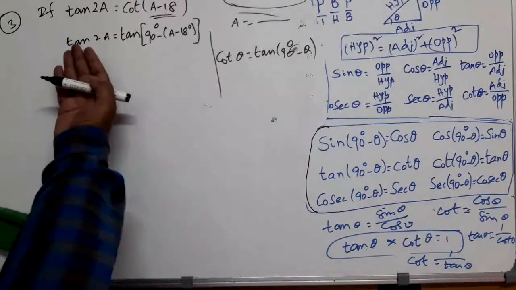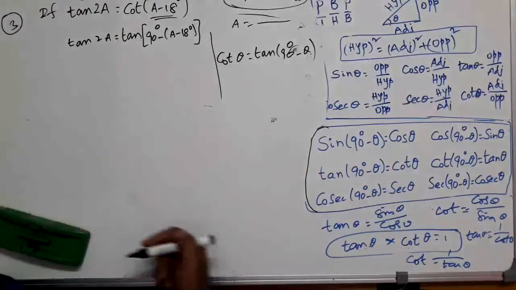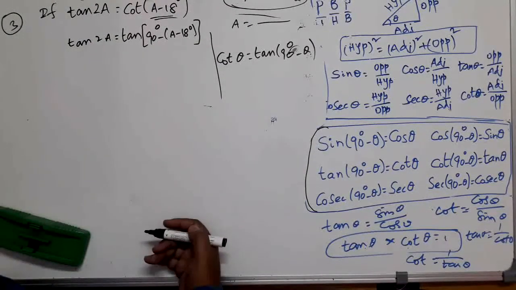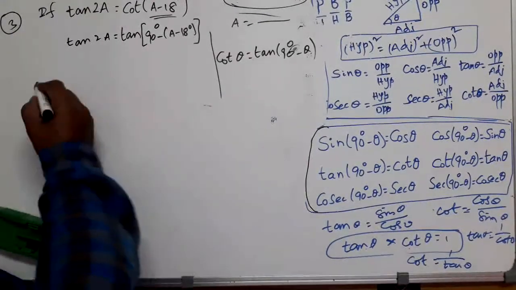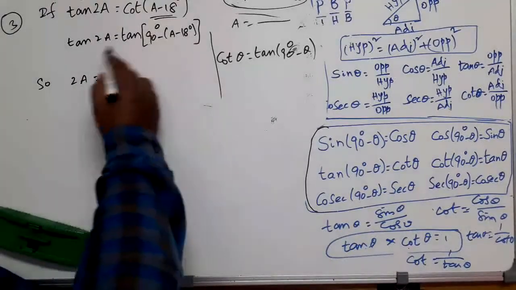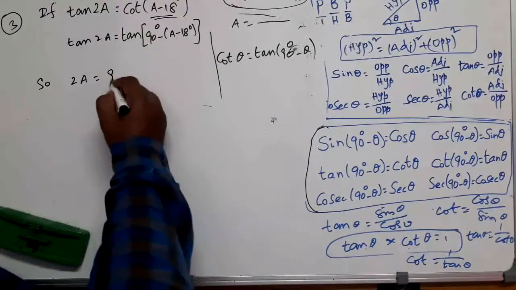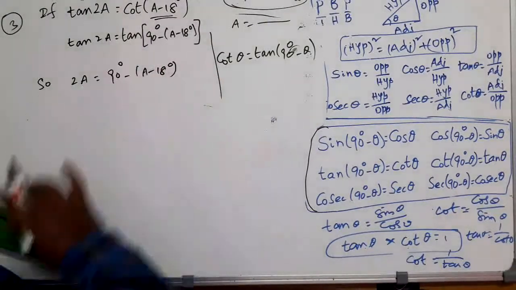Now, what have you observed? tan A is equal to tan B. What can you write? Angle A is equal to angle B. We have seen that, right? So 2A is equal to 90 degrees minus of A minus 18 degrees. I can write like that.